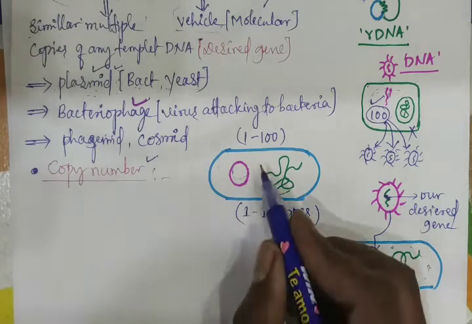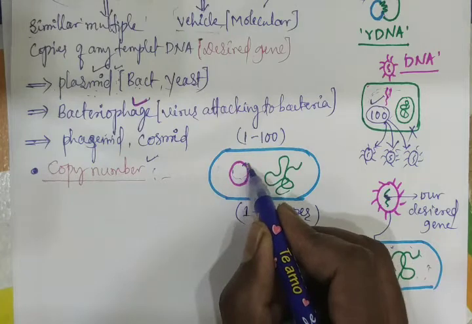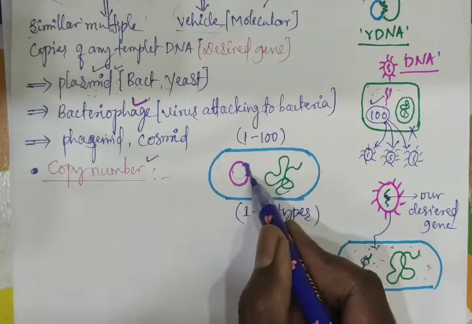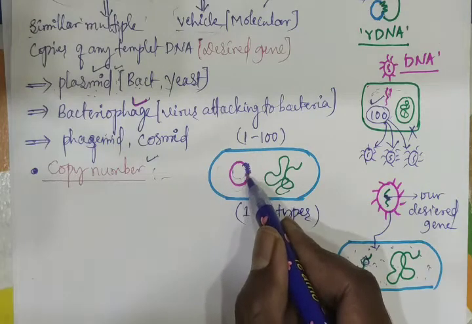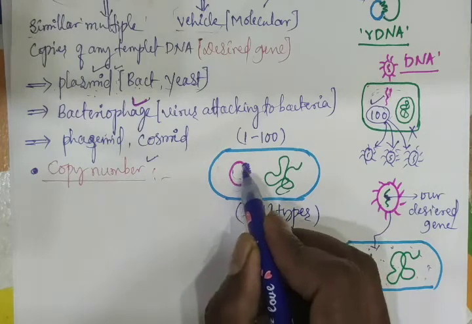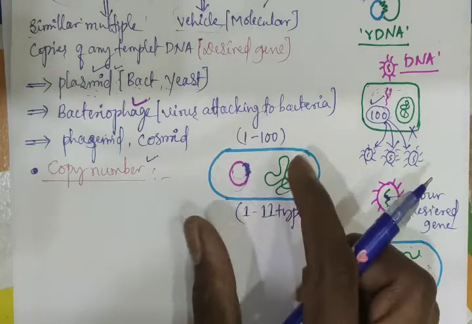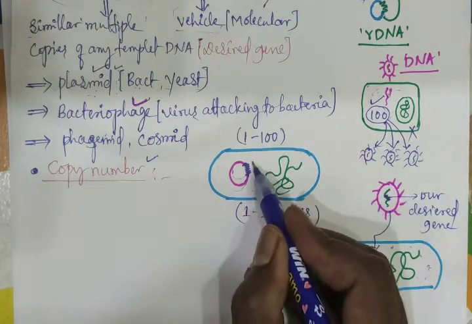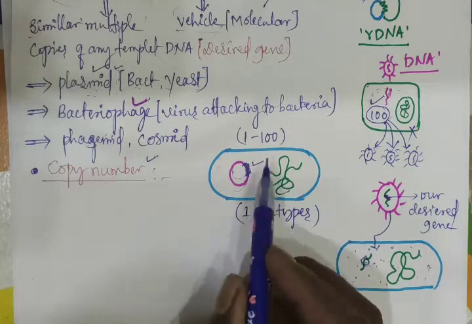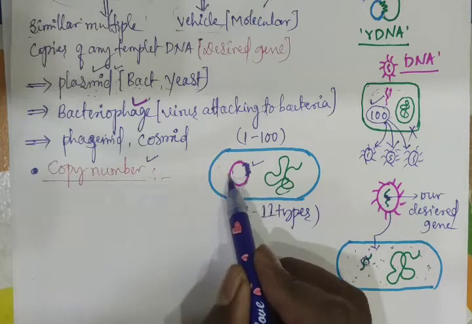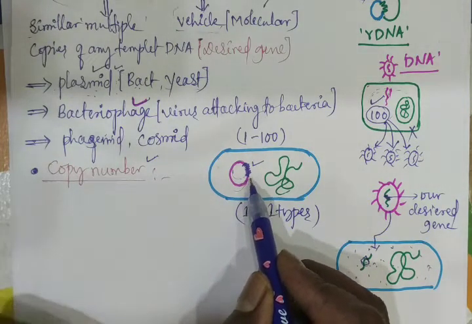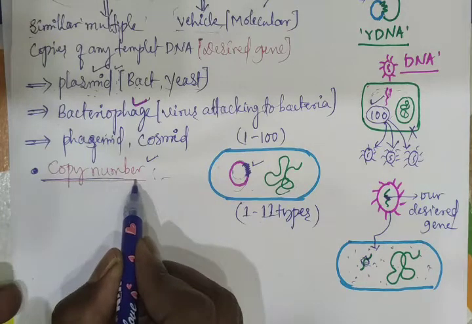So imagine, suppose we ligate, insert or link our desired gene with this plasmid. Then however many times this plasmid replicates, that many times our desired gene is also replicated. How many times this plasmid is replicating or doubling is its copy number.